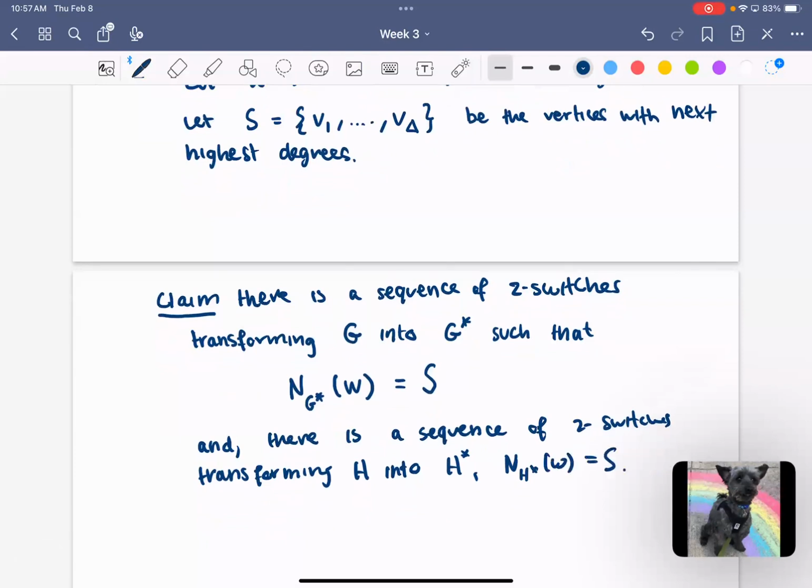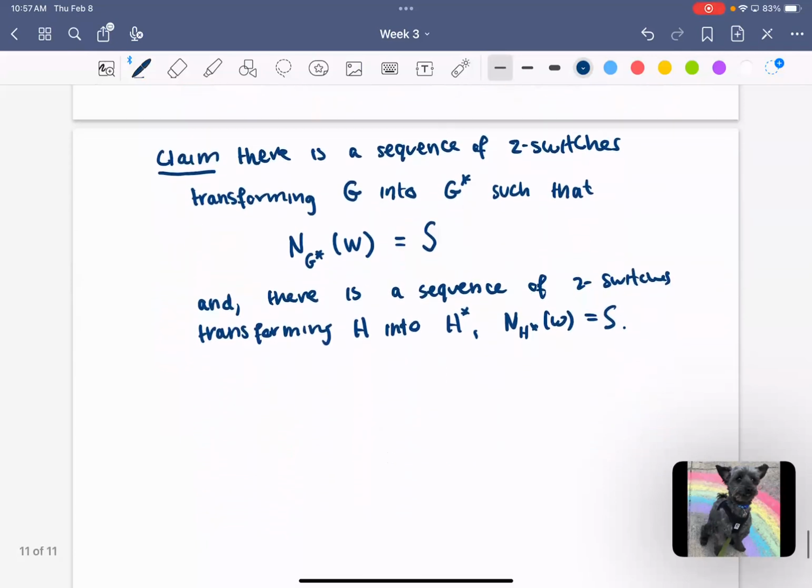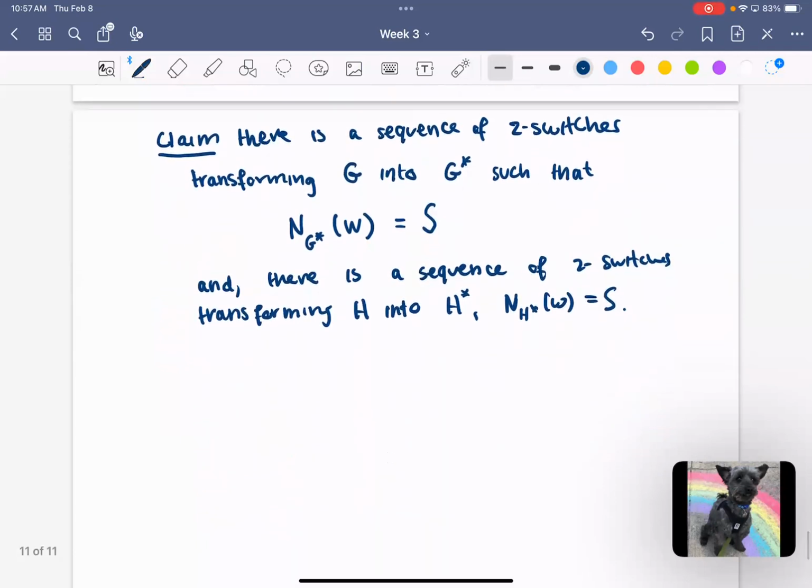Okay, so let me draw a picture of what's going on. Let's say we're looking in G. Here's our vertex W of highest degree, and here's our set S of the vertices of next highest degree.